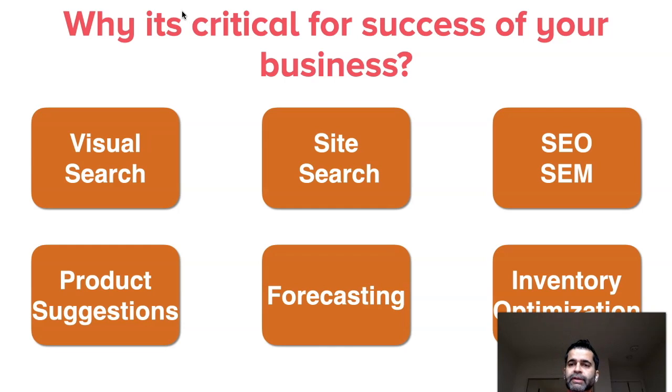Site search improves, SEO and SEM, which is search engine optimization, get improved, you have better product suggestions, you can do better forecasting, and you can optimize your inventory. I'm going to do another video that does a deep dive into these critical metrics, but I wanted to give you a feel for how important and critical product data enrichment is.